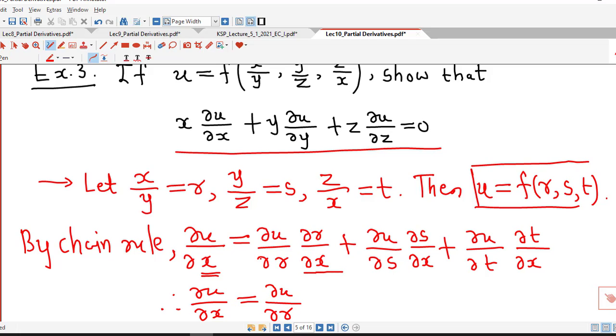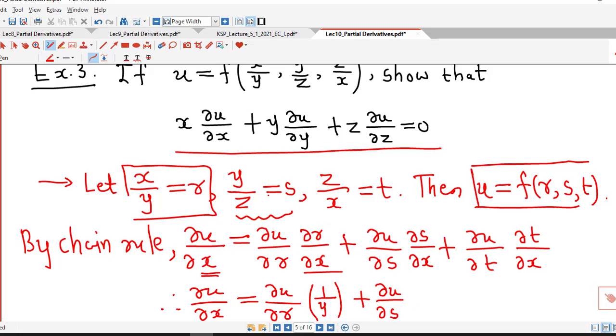Del r by del x is obtained from this formula for r, because we are differentiating with respect to x. 1 by y is constant and derivative of x is 1. Del u by del s we keep as it is.